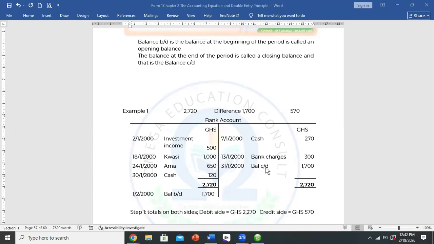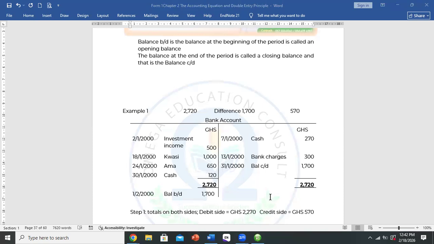But that one is difficult, so I tell students to use the balance brought down. If the balance brought down is on the debit side, the account has a debit balance. If the brought down comes to the credit side, then the account has a credit balance. But always be guided: if the debit side is more than the credit side, then the account has a debit balance.